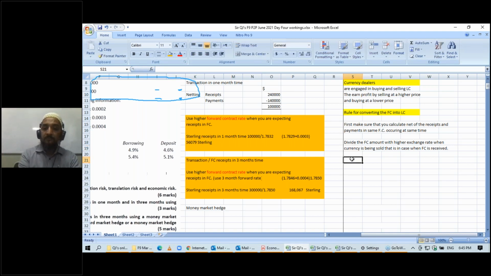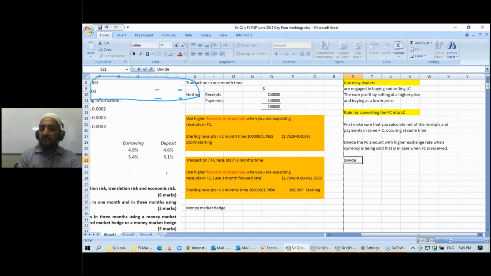But if the foreign currency is to be paid, then what? Then you will divide with the lower rate. Why? Because you will place the local currency on the foreign exchanger's counter, right? And he will be receiving local currency from you, means he will be buying local currency from you and giving you the foreign currency.